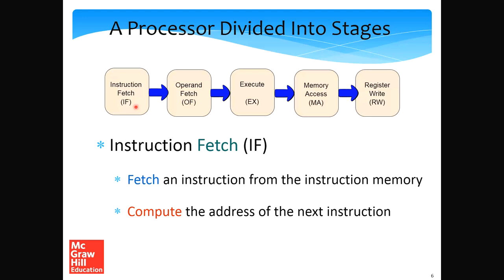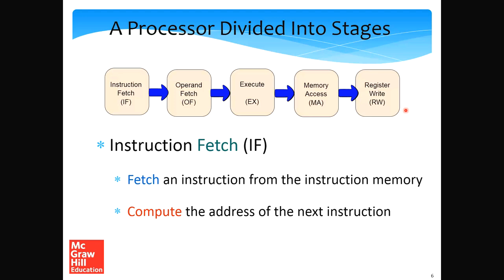In the EX stage, EX standing for execute, we shall execute the instruction, run it. The fourth stage is a memory access stage, where we will access memory and perform a load or store. Finally, the fifth stage is called the register write stage, where the results of the instruction will be written back to the register file.